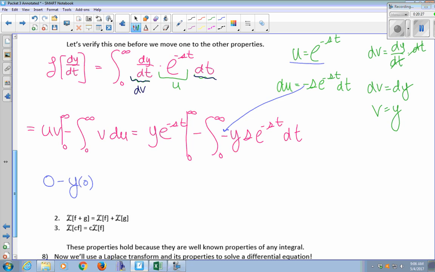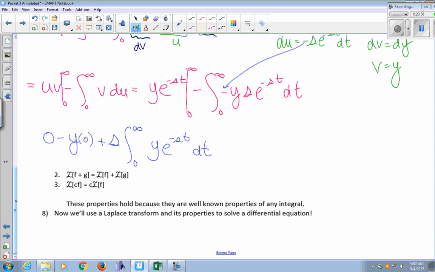Now to deal with the integral. S is a constant, so I'm going to pull it out of the integral, and I'm going to pull this negative out. So I'm going to have plus s times the integral from 0 to infinity of y e to the negative st dt. You might think, oh my God, do I have to do by parts again on that?